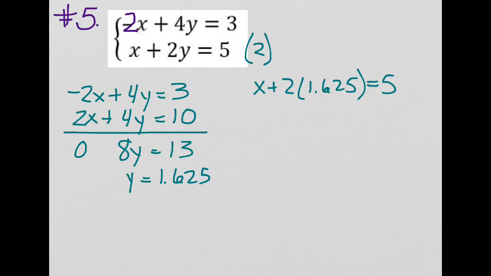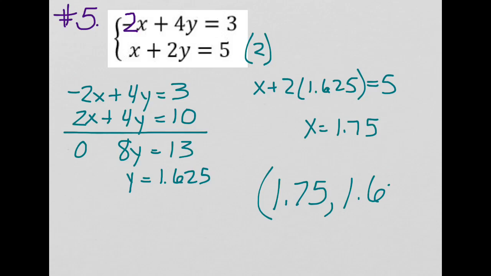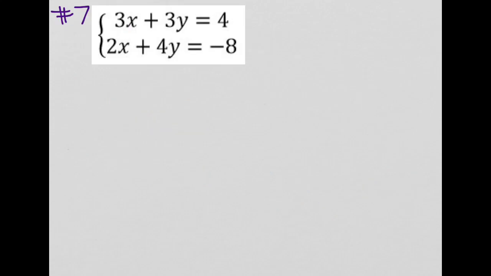Multiply by 2, subtract from both sides, you get that x equals 1.75. Remember that what we're finding here is the point where these two lines cross. So 1.75 is the x coordinate, and 1.625 is the y coordinate of our point.